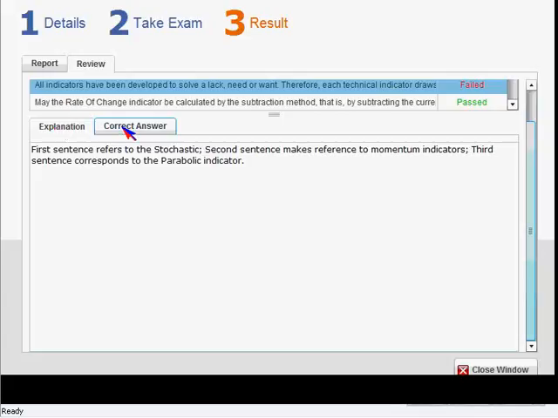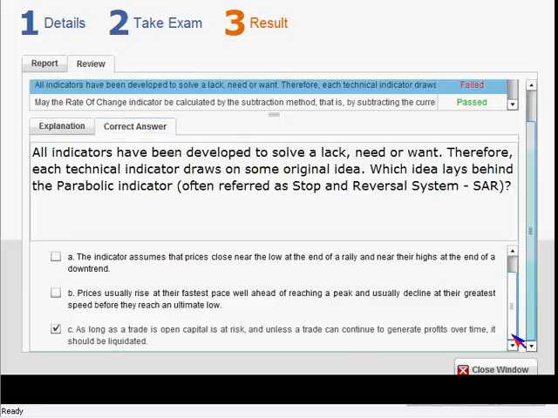So really the idea behind this indicator is that as long as a trade is open, capital is at risk, and unless a trade can continue to generate profits over time, it should be liquidated. So for you to see that indicators themselves also started with an idea, and this may be the idea that leads the developer of the SAR to develop it.